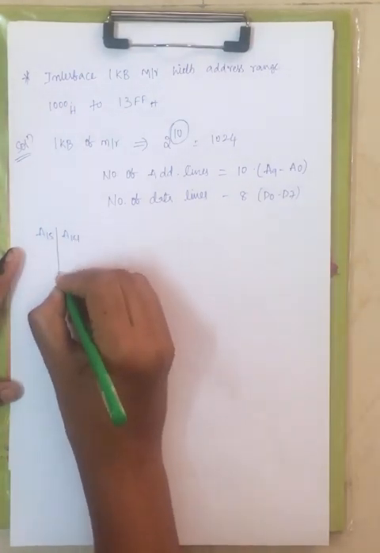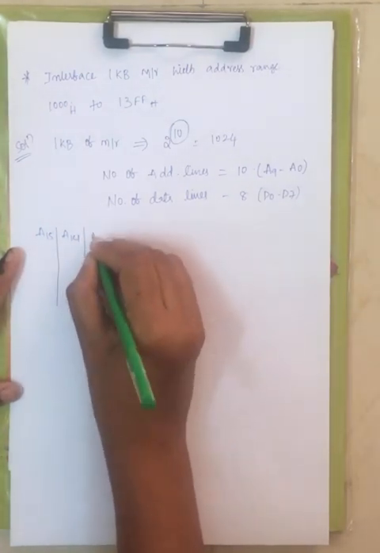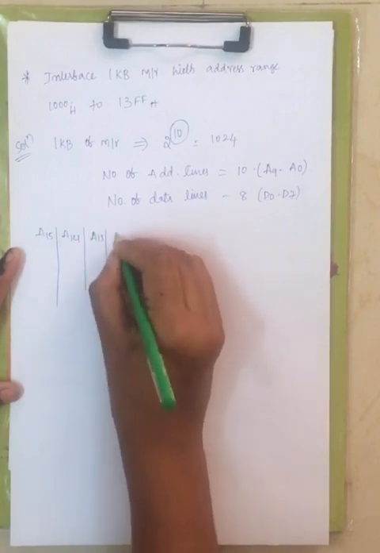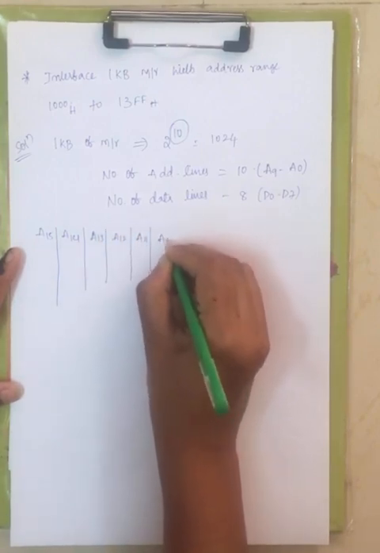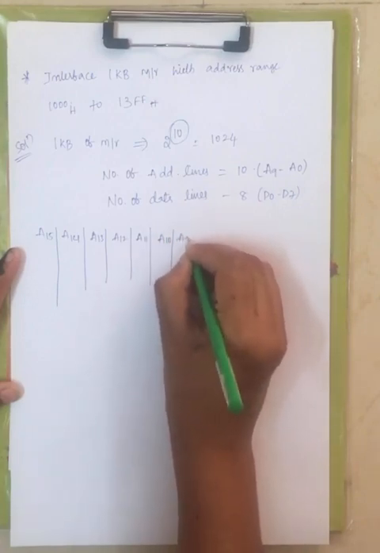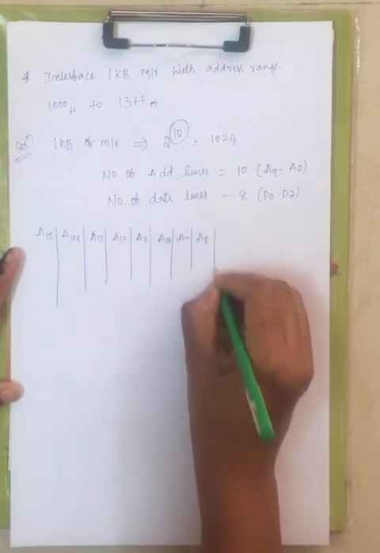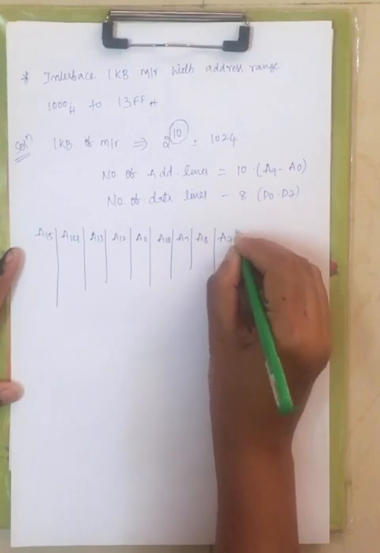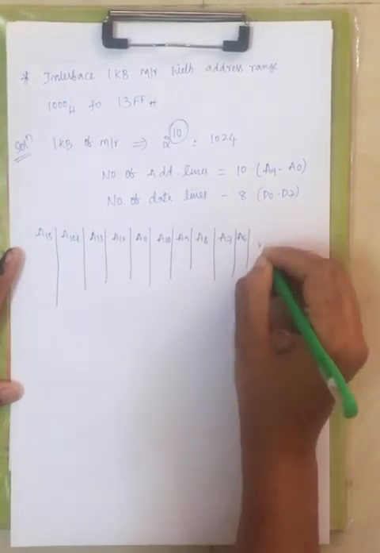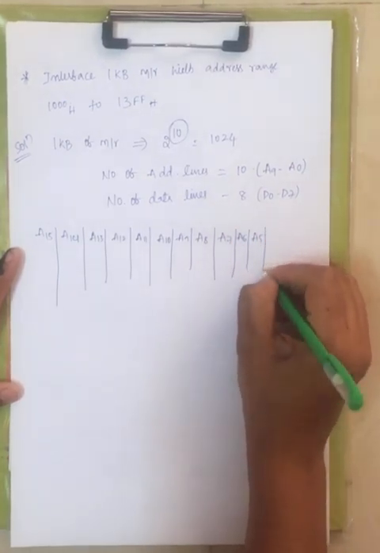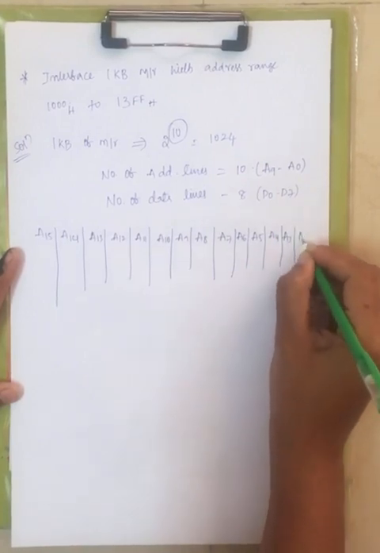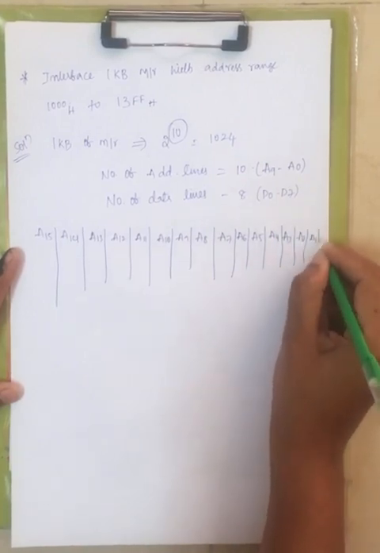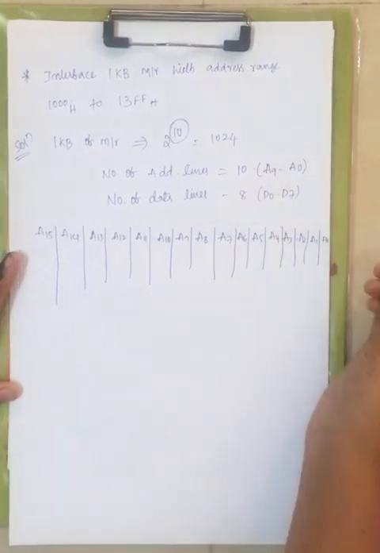I am representing here A14, A13, A12, A11, A10, A9, A8, A7, A6, A5, A4, A3, A2, A1 and A0.